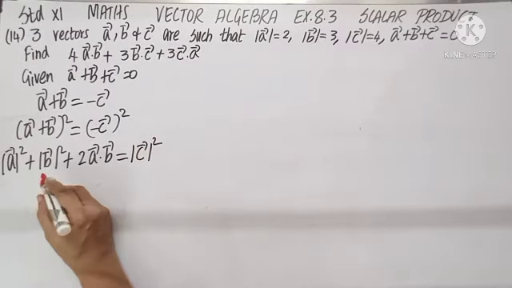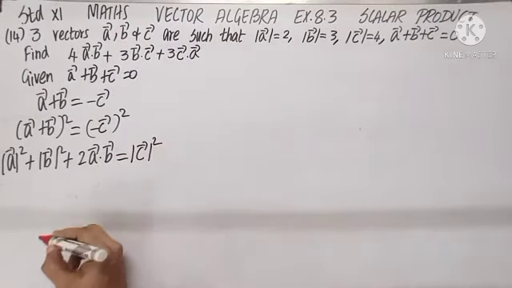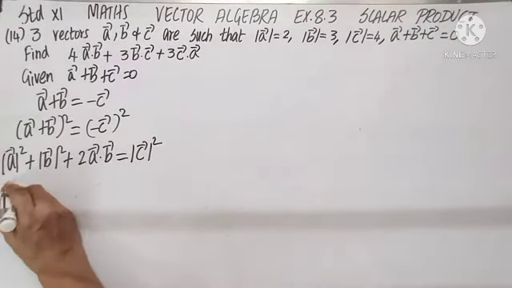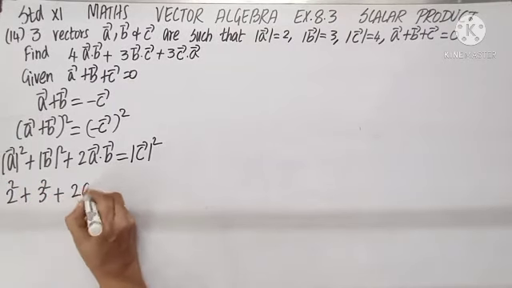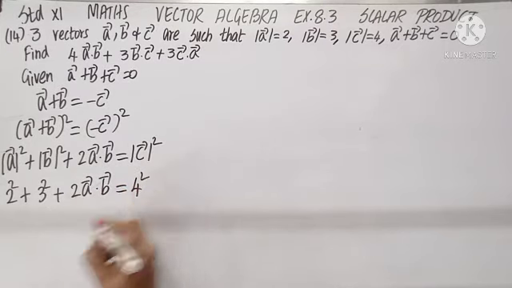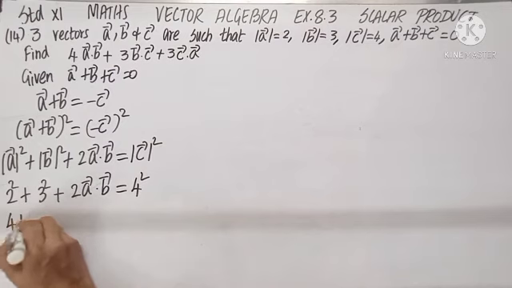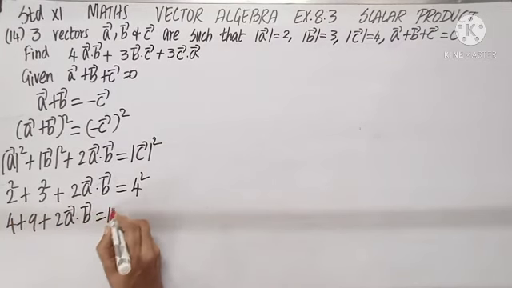As we know the modulus values in the question, let us substitute. Mod A 2 square, mod B 3 square plus 2A dot B is mod C, that is 4 square. So 4 plus 9 plus 2A dot B equals 16.